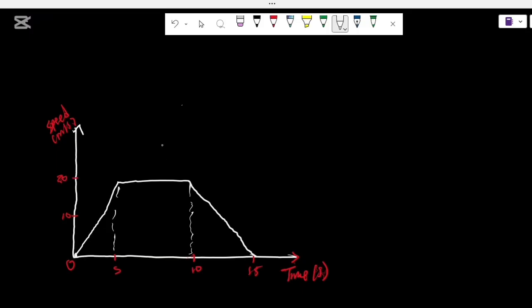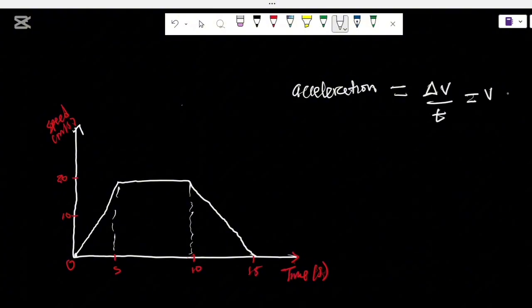And this change of velocity with time is what we call the acceleration. The acceleration shows the change of velocity with time, and it is given by this particular formula, the rate of change of velocity with time, which is final velocity minus initial velocity over time.